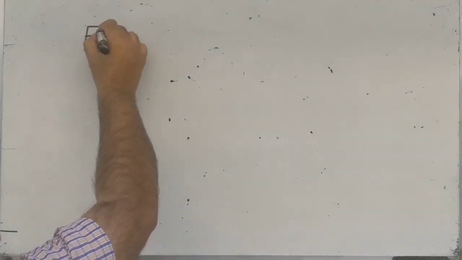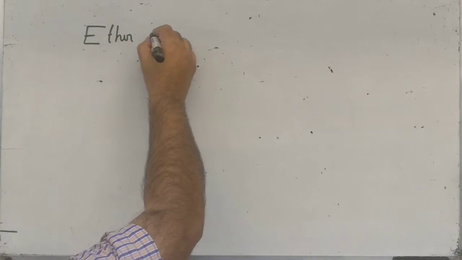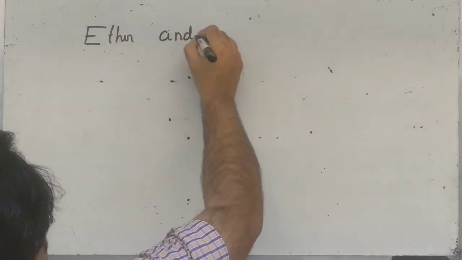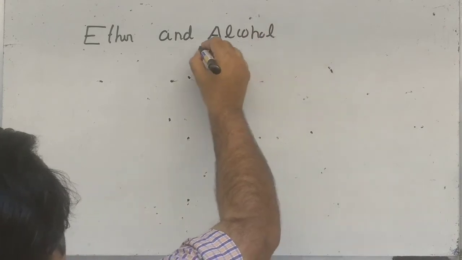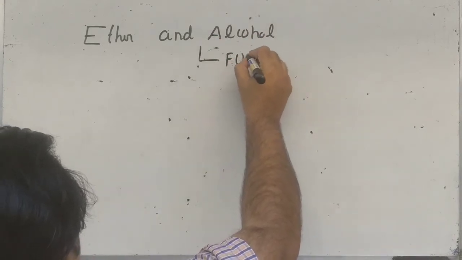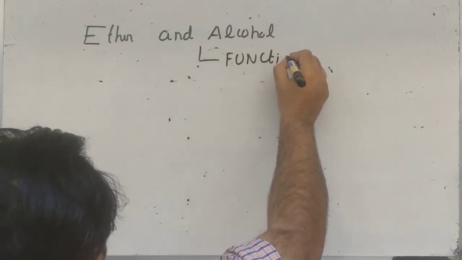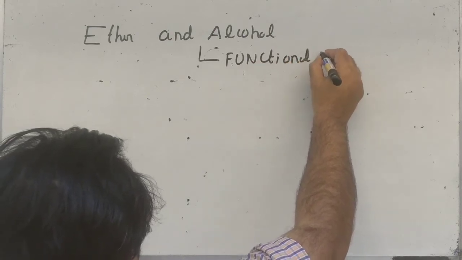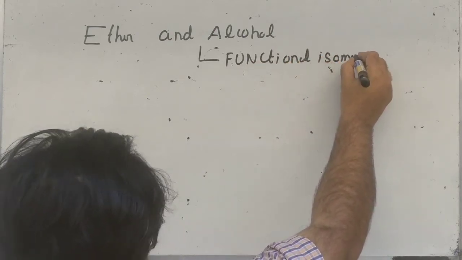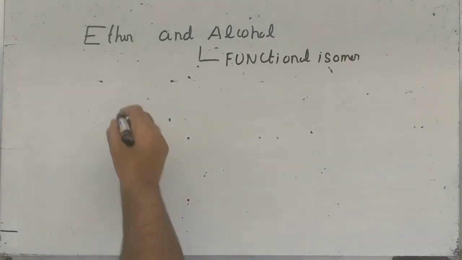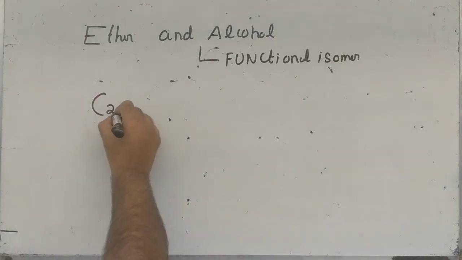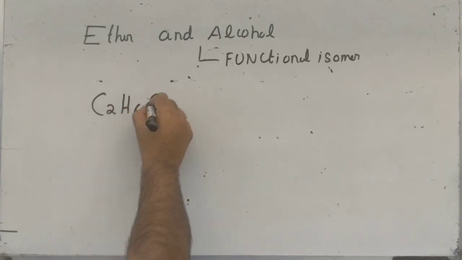Ethers and alcohols are an example of functional isomers. That is, if you have got an alcohol, you can make an ether. If you have got an ether, you can make an alcohol. Suppose we have a molecular formula C2H6O.